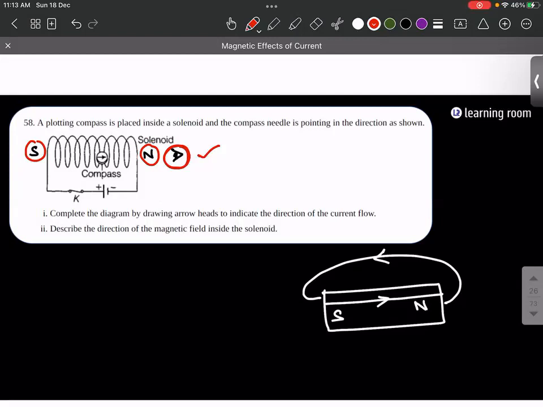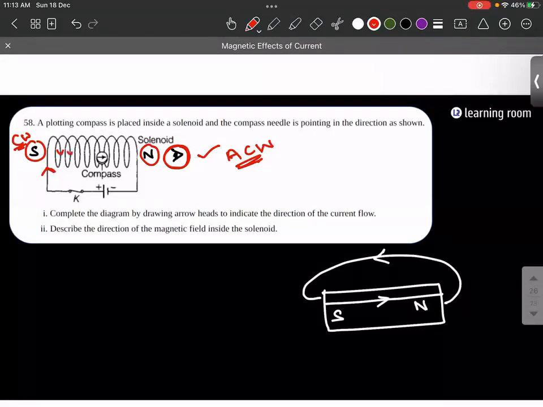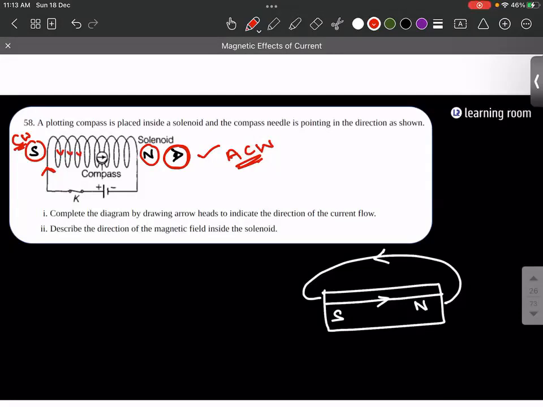The current should be in the anti-clockwise direction. So if one side is anti-clockwise, the other side it should be clockwise. Okay, so current should go in this direction. It goes like this and it comes down like this.